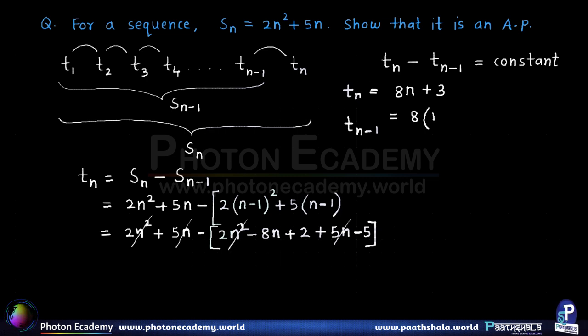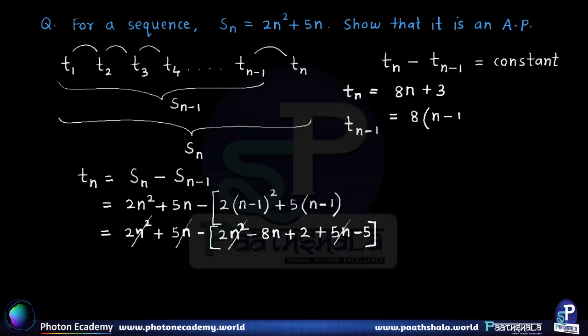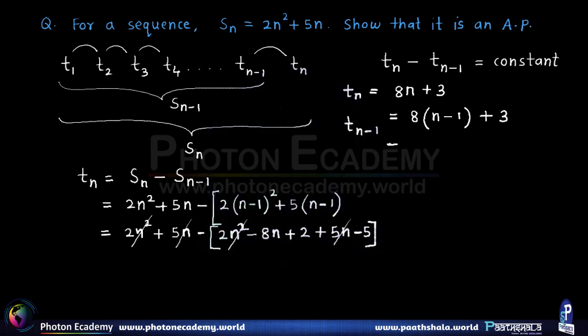So that gives us 8 into n minus 1 plus 3. So that further gives us 8n minus 8 plus 3, which is nothing but 8n minus 5.